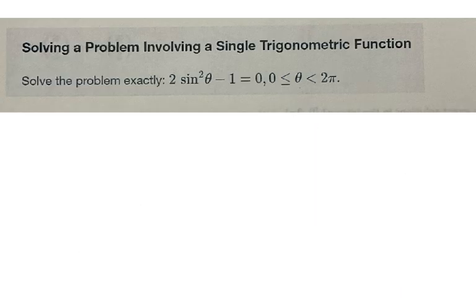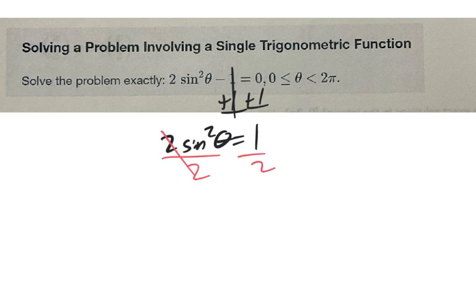Here, I've got 2 sine squared minus 1 equals 0. Find all answers between 0 and 2 pi. Divide by 2? Not first. Add 1 first. 2 sine squared of theta equals 1. Now, divide by 2.